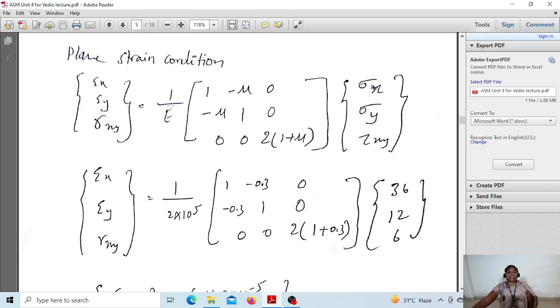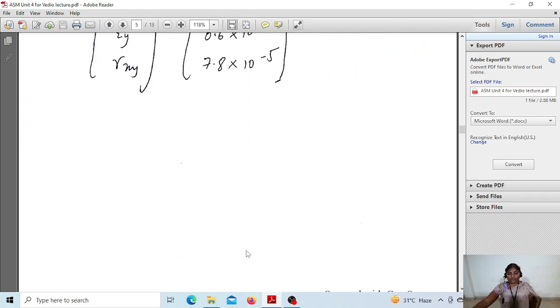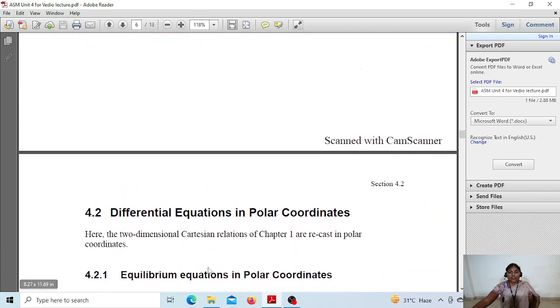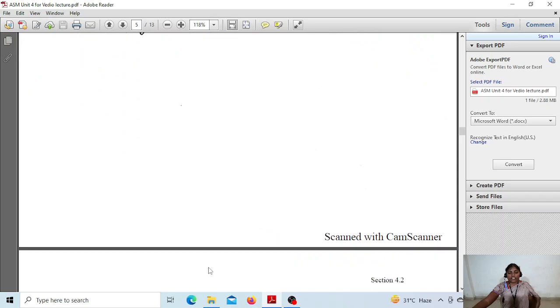You know the Young's modulus of elasticity of steel is 2 into 10 power 5. So you substitute the value. Instead of mu you substitute 0.3, then solve the matrix. Then you will get epsilon x equal to 16.2 into 10 power minus 5, epsilon y equal to 0.6 into 10 power minus 5, gamma xy equal to 7.8 into 10 power minus 5. With that, problems of such sort will be coming in your examinations.